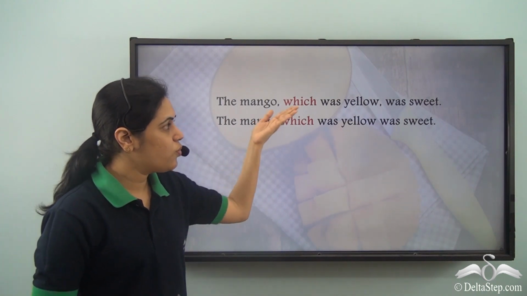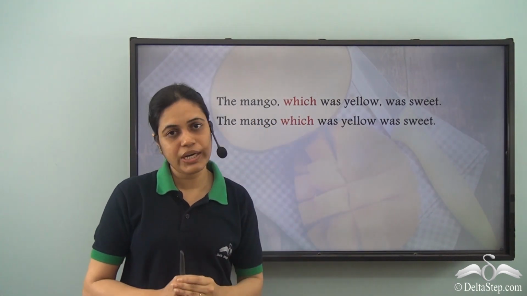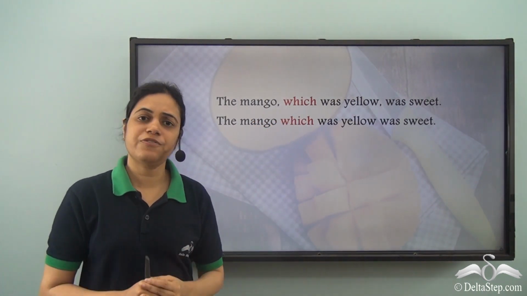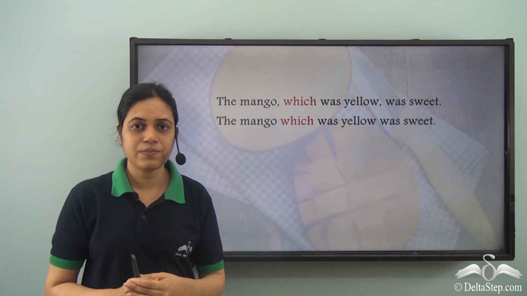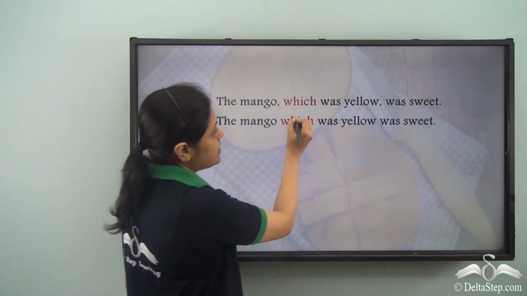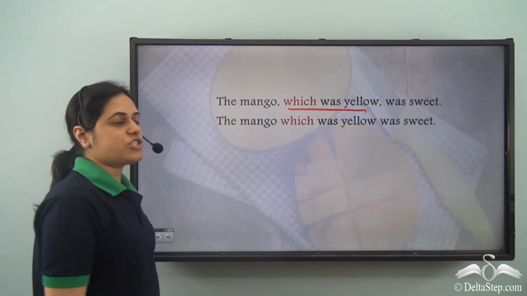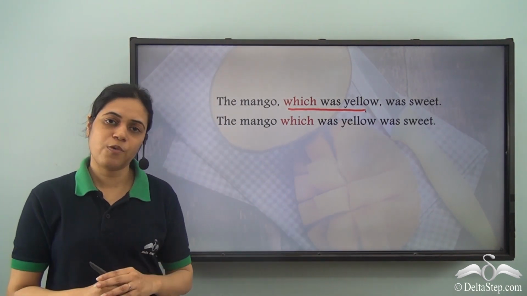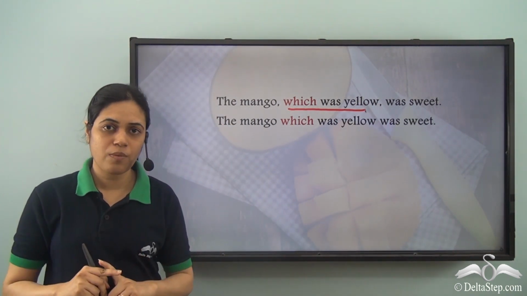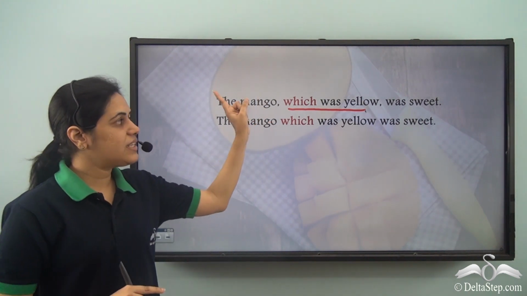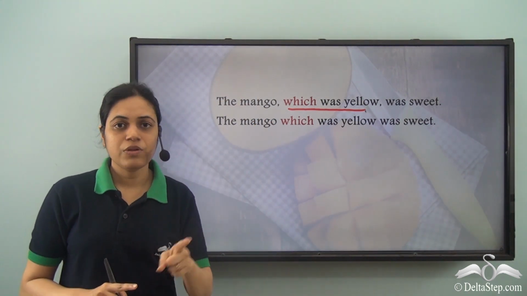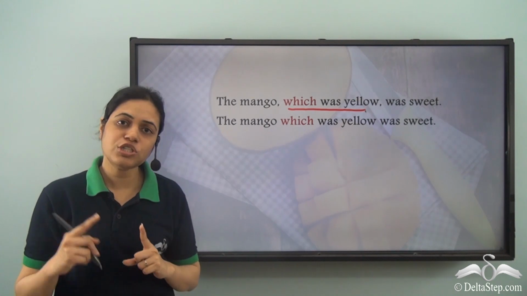The mango which was yellow was sweet. Now what is the difference between these two sentences? In this sentence, this information is not important because we have given commas. This means that there is just one mango which is yellow and also sweet.